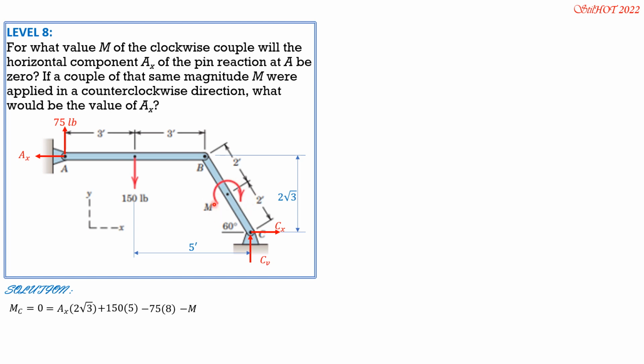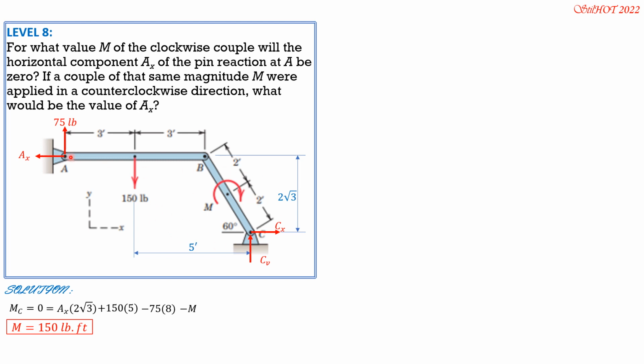So take note that in the first part, AX is 0, so this term is 0. Then M is equal to 150 times 5 minus 75 times 8. So the magnitude of the moment is 150 pound-foot, and it is clockwise.